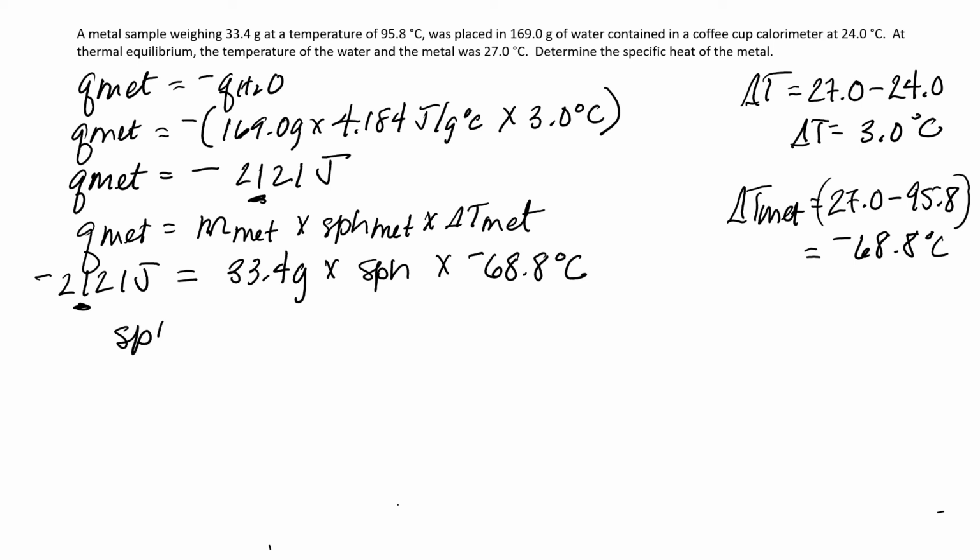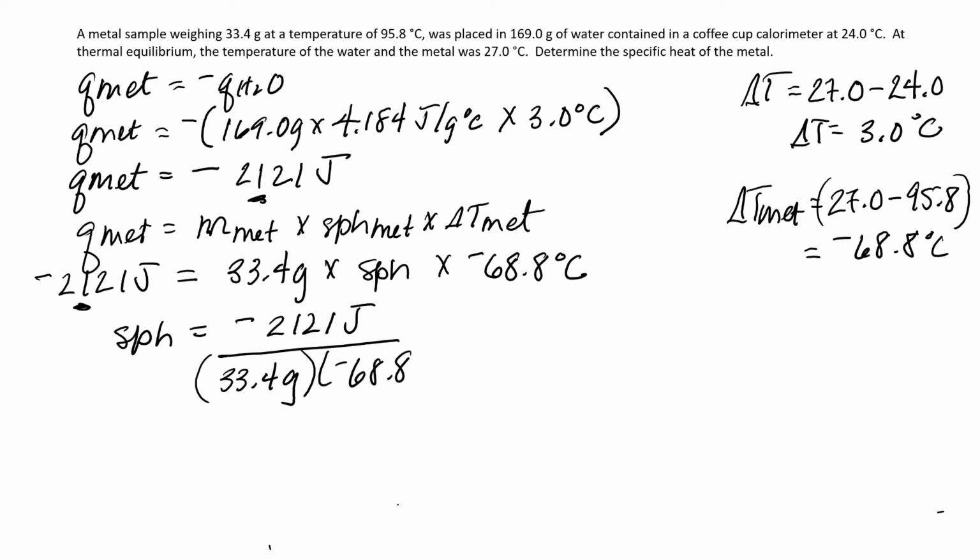Rearranging to solve for specific heat, we have negative 2121 joules divided by 33.4 grams times negative 68.8 degrees Celsius.